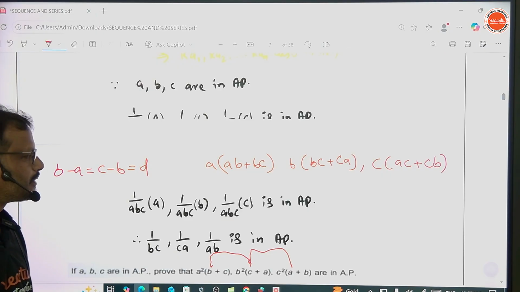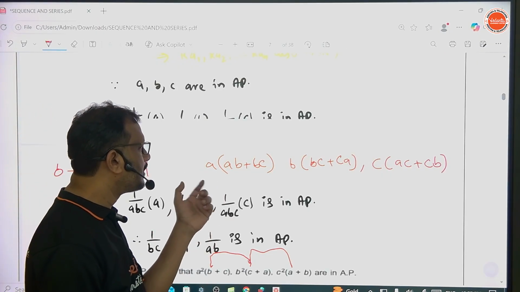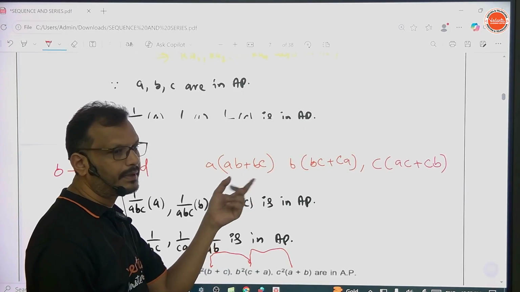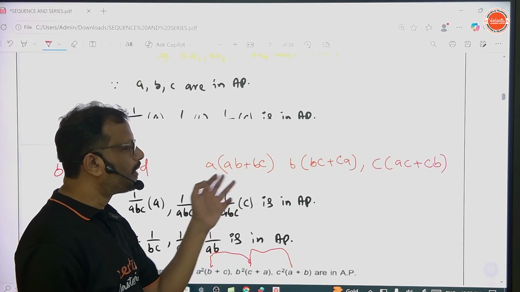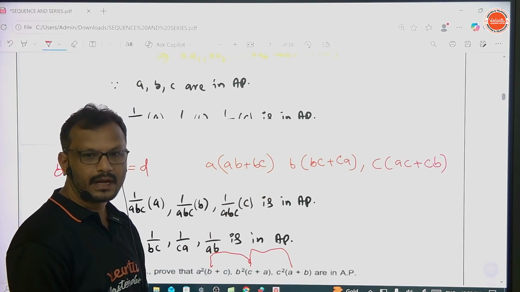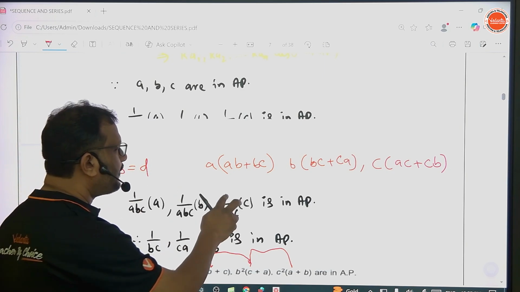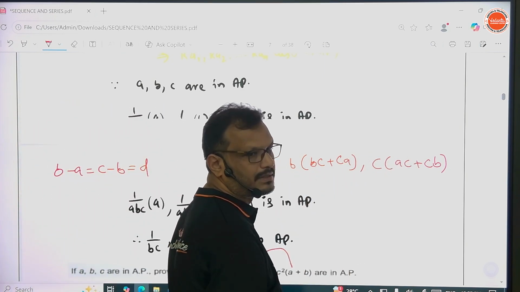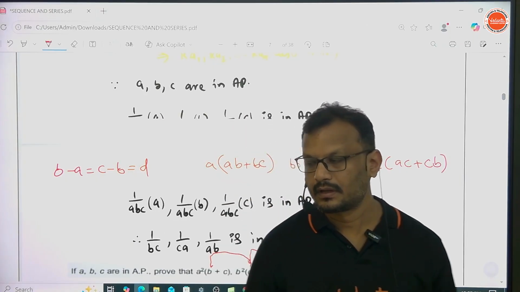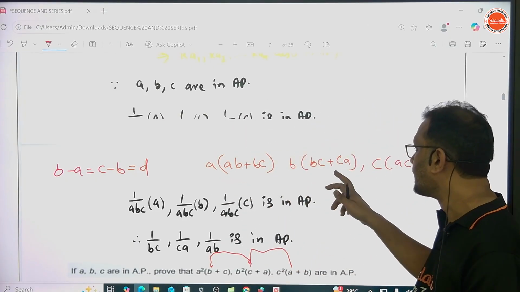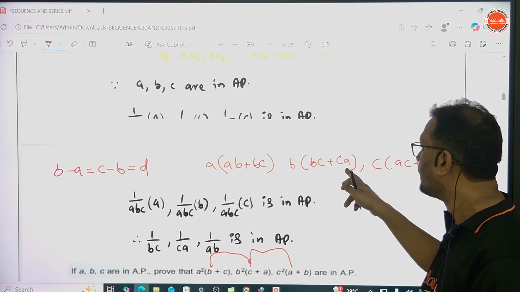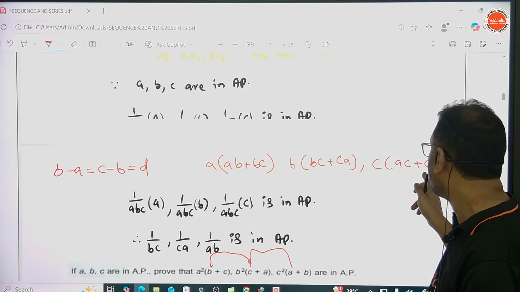For example, suppose you have one more term here, what will happen to those numbers? They will become AP. If I add one more term to these numbers, what is that term? Here CA must be there. Here AB.